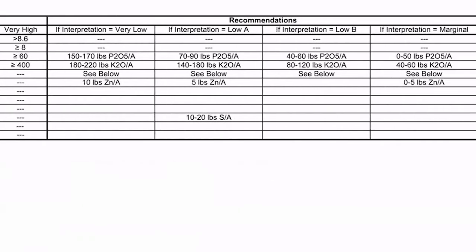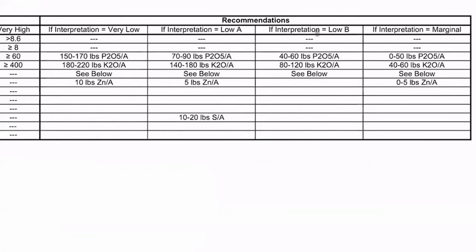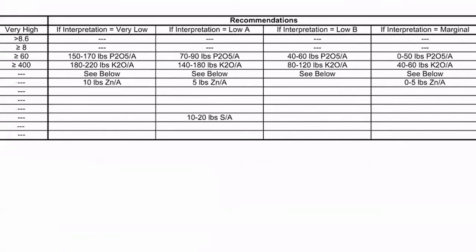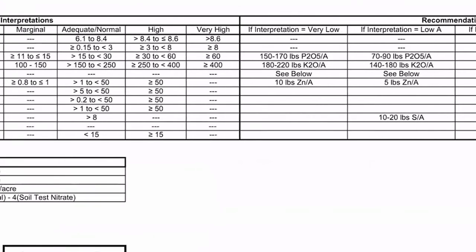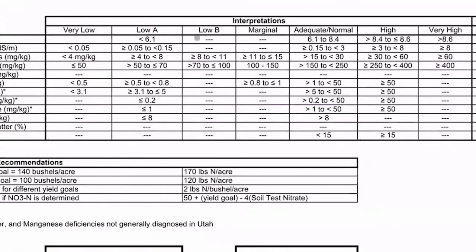You slide over to the other side of the table here, and your low B level would say that you would need, in that case, 40 to 60 pounds of P2O5 per acre of nutrient in order to supply adequate amounts for optimal performance of the crop in that particular soil. So you can see where you are. In fact, it's kind of nice to notice that in all of these cases, again, you see a range in the recommendation.